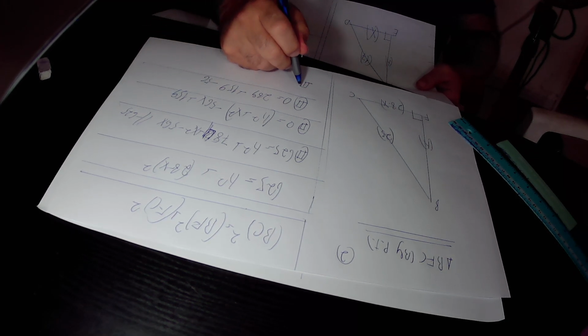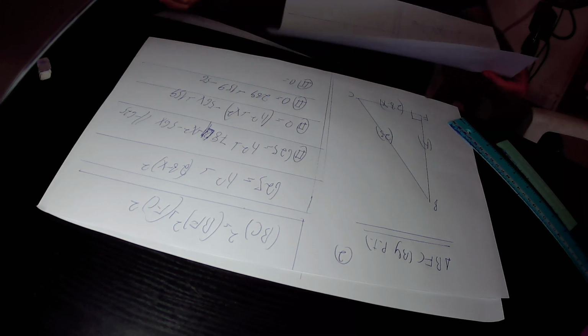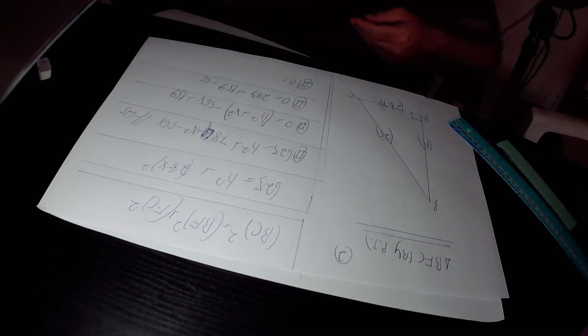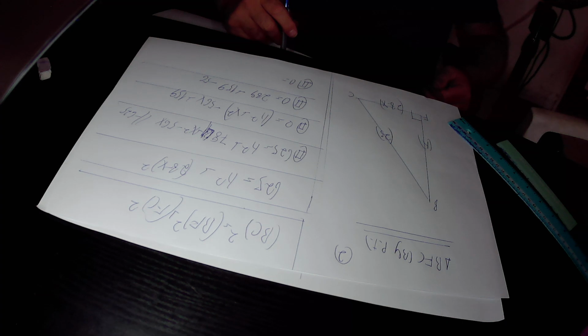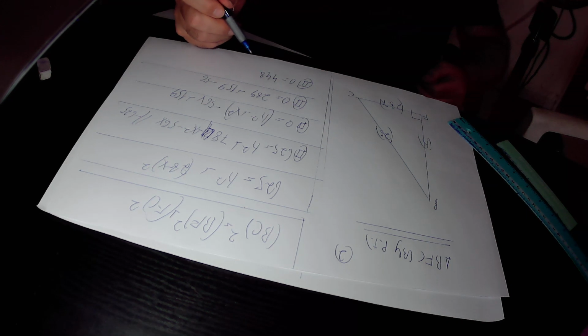So we found out that according to equation 2, 0 equals 289 plus 159, which equals 448, minus 56x.